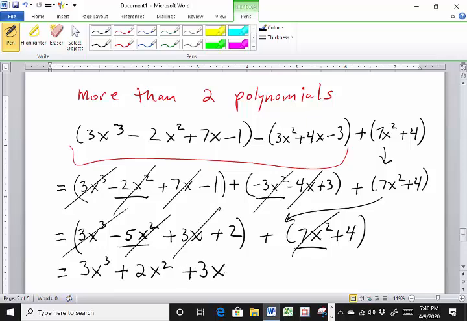And then plus 2 plus 4 is plus 6. So the final result is 3x cubed plus 2x squared plus 3x plus 6. Now I'll ask you, is this polynomial in descending order? Yes, it is, because we have the highest to the lowest exponent.